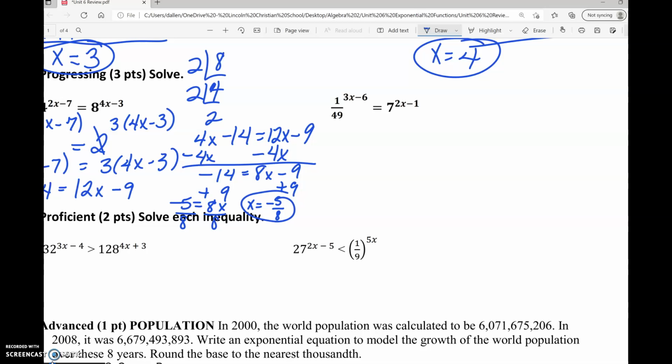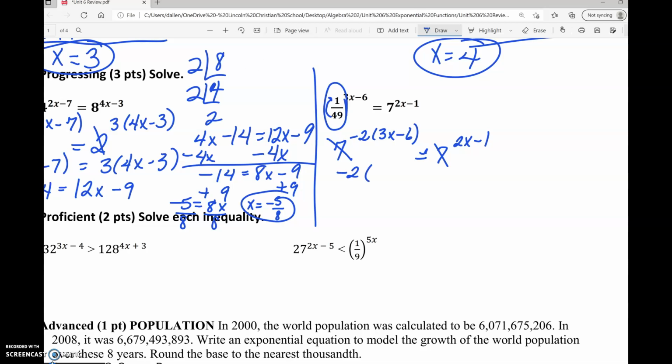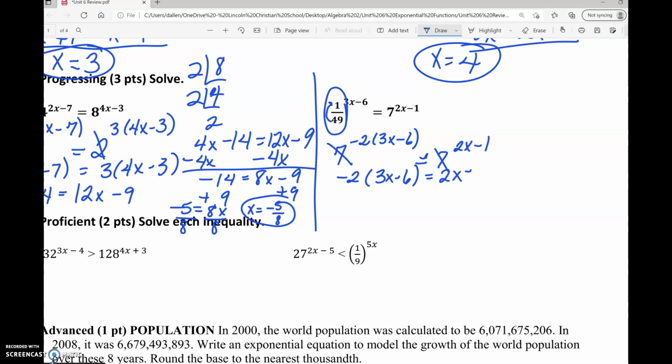All right, so this can be rewritten as 7 to the negative 2, because 49 is 7 squared, and when I bring it up, it makes my power negative, so that's where we get that negative 2. You're going to want to remember that for the test, because you do have one like that. Then once bases are the same, I can cancel those out, and then negative 2 times 3x minus 6 equals 2x minus 1.